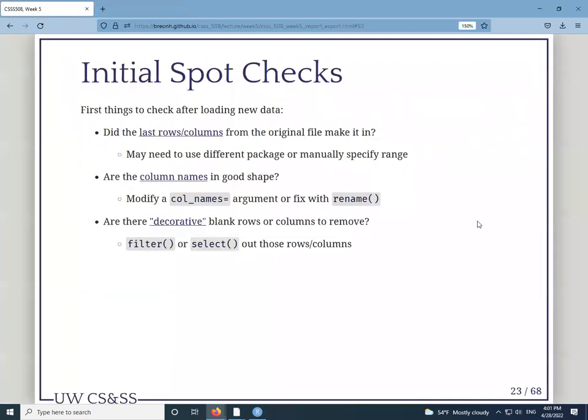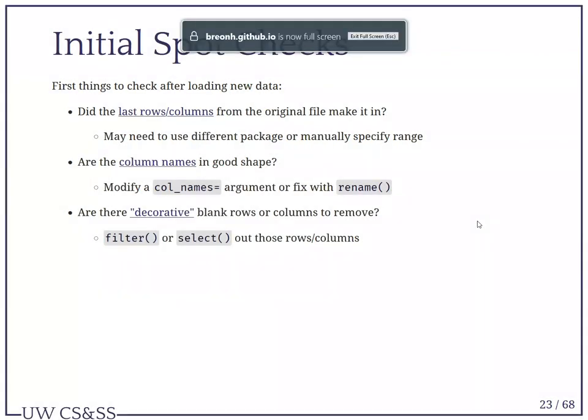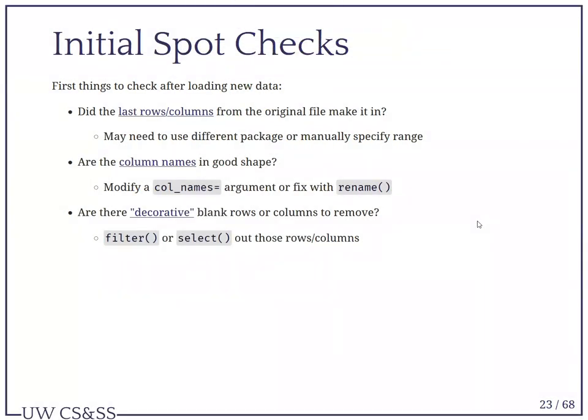But the unionstats.com people, like Barry Hirschman and all that, are terrible for this. I just want to get some data for my thesis. You don't need to put a paragraph about how this came to be at the bottom. You can just send me a thing that says cite us like this, please. But to deal with decorative or blank rows, typically filter or select will get rid of those things.